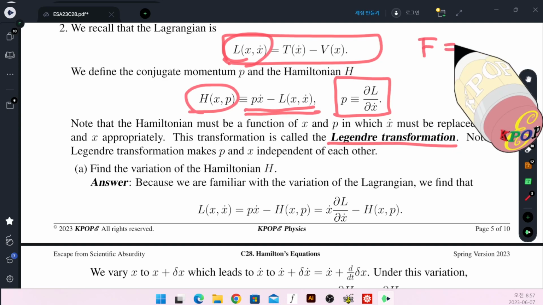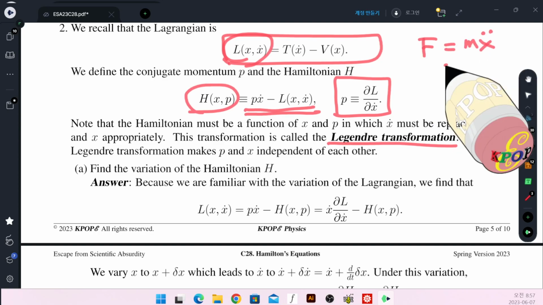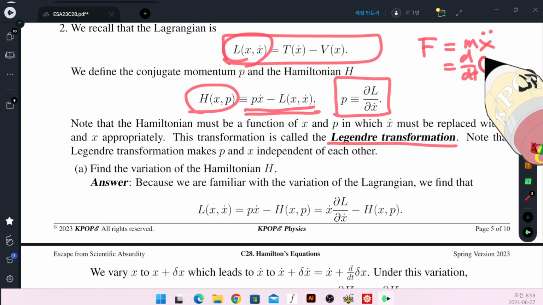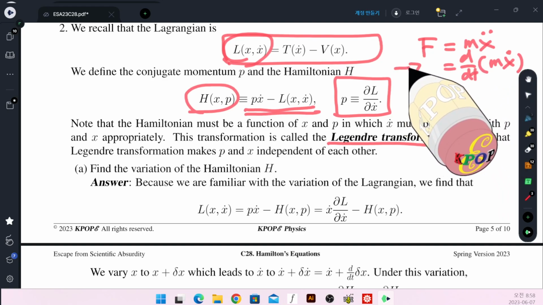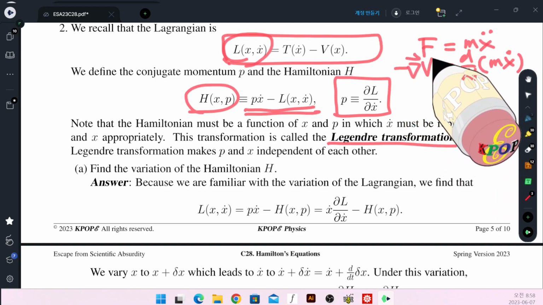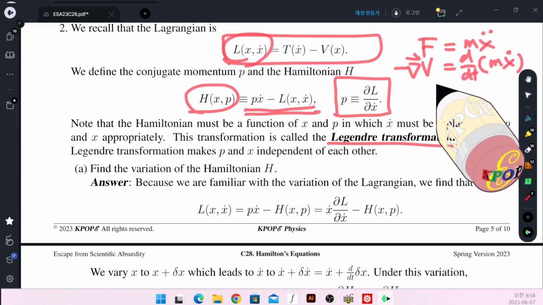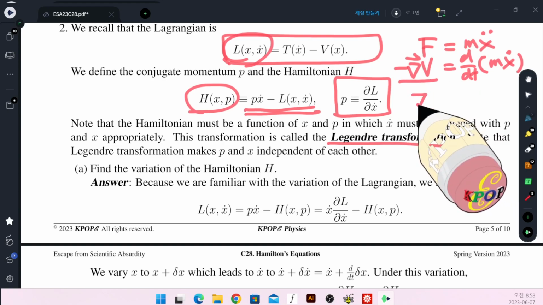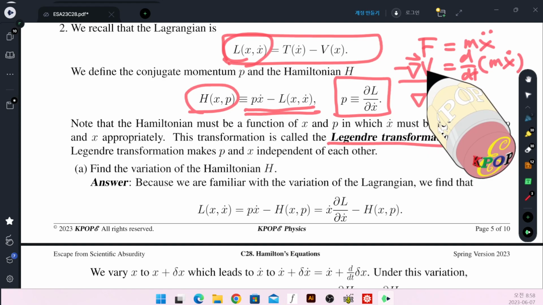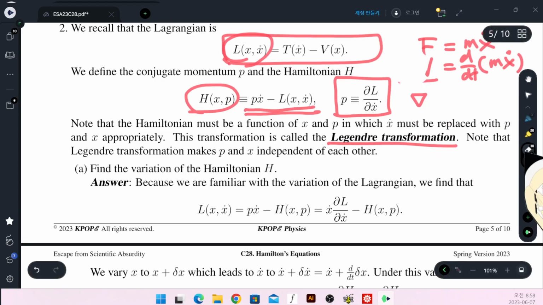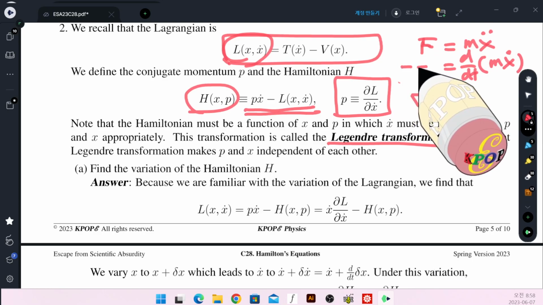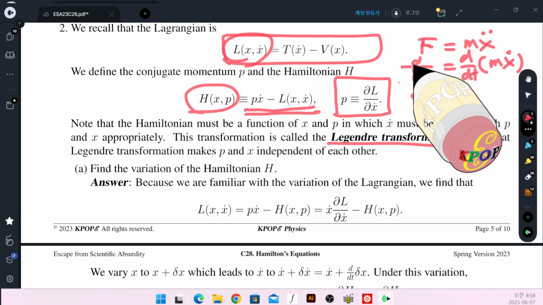F equals ma. ma is the time derivative of linear momentum. And force is minus the gradient of potential energy. And this one is nothing but, let's simplify to a one-dimensional problem, minus round x potential.